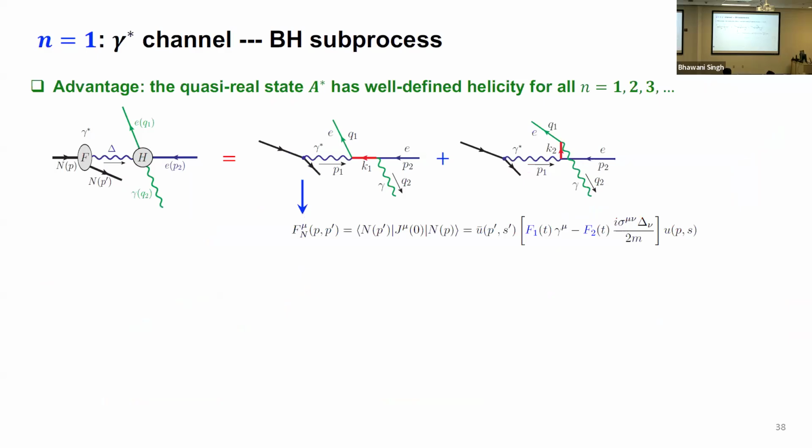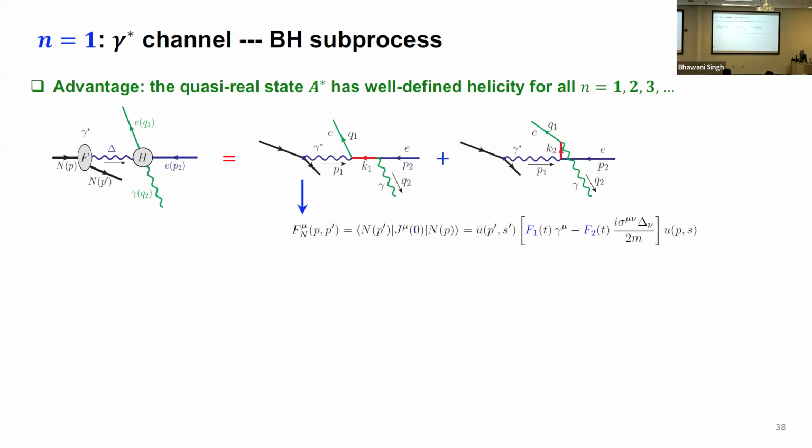Specifically for the process we are looking at, we can start with the simplest one, the Bethe-Heitler process. Here we have a photon exchanged between the nucleon and the electron. The leading order diagram is shown here. We have two: the photon scatters with the electron, and this can happen from this process or this kind of process, one t channel, one u channel.